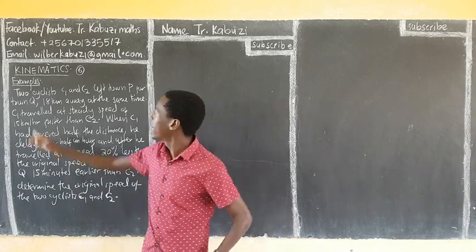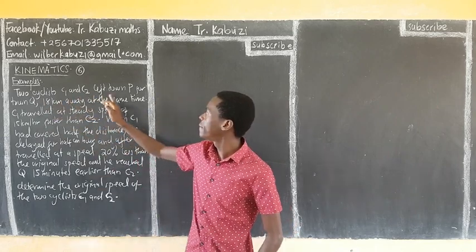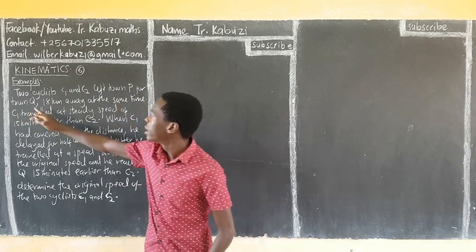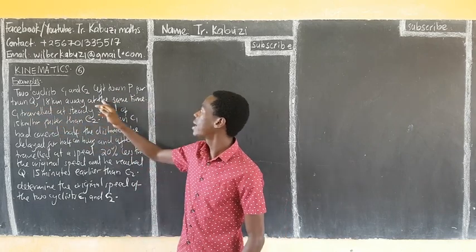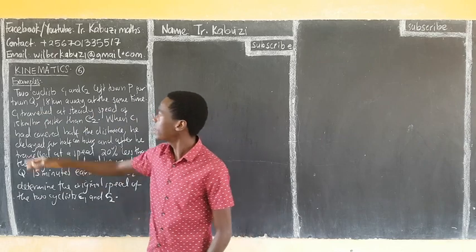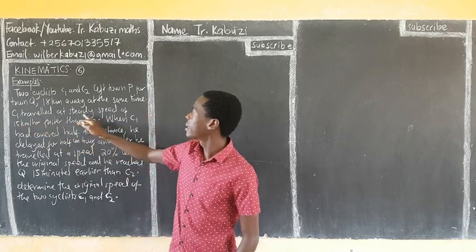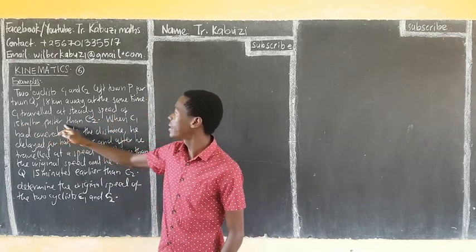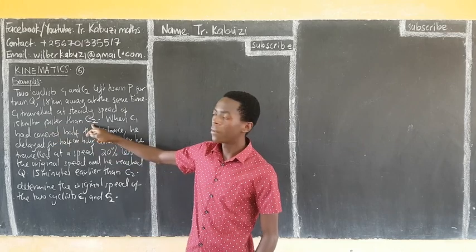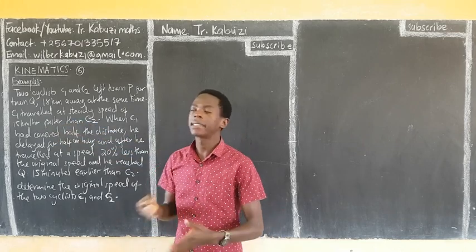Okay, this one says, two cycles C1 and C2 left town P for town Q, 18 kilometers away at the same time. C1 traveled at a steady speed of 15 kilometers per hour faster than C2. So meaning this one, C1 was faster.